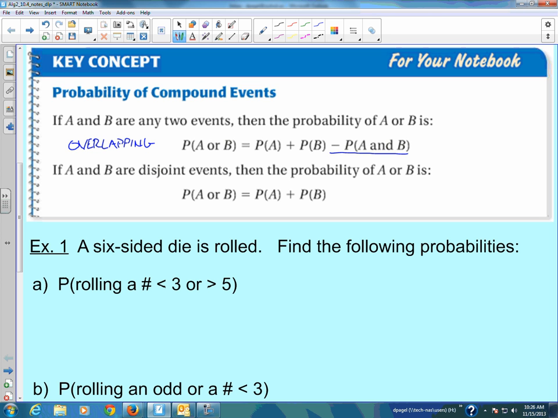Now, both of these compound events are an OR type of problem. We will take a look later on at an AND type of problem. So our overlapping one is the top, and your mutually exclusive would be this next one here.